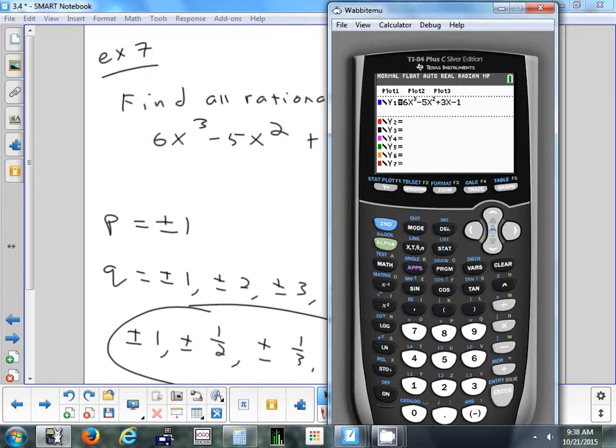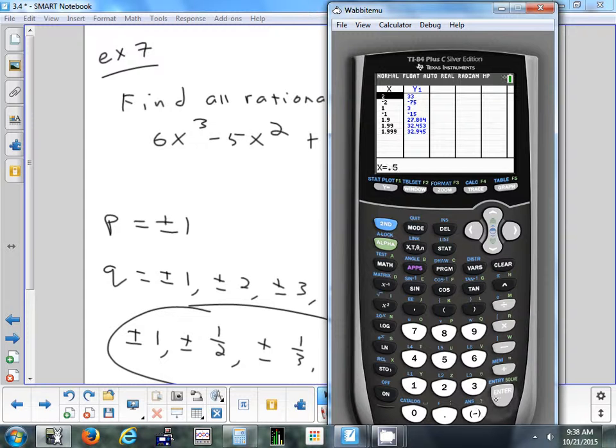And zoom 6. Okay, out of this list, which one looks like a possible root? Yep, 1/2. Let's try it. 1/2 is a root.